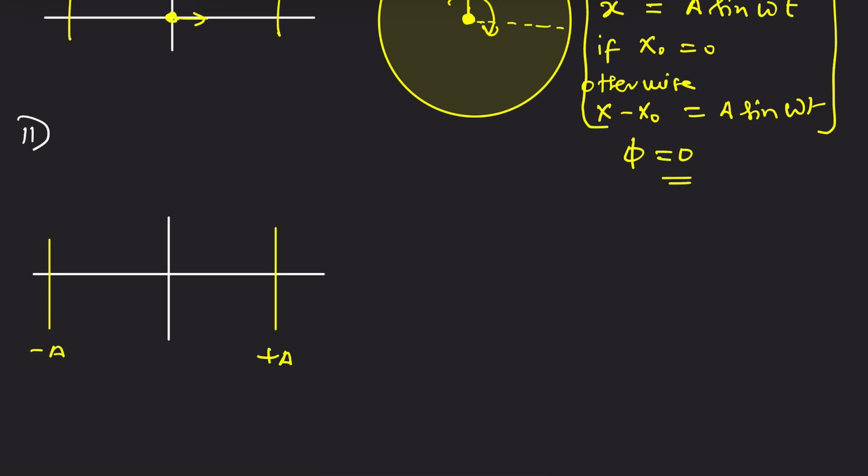Now the particle has just reached here, and the velocity at this moment is 0. It is going to return back after that. So this is the scenario. We have seen the phase angle comes to a unique value. We have discussed all those things earlier in the problems, if you remember.